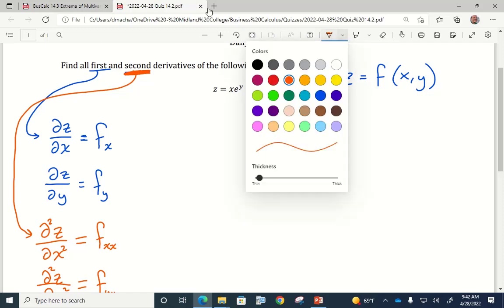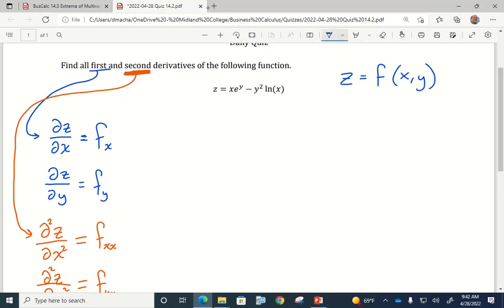For the partial derivative with respect to x, I'm going to pretend that y is a constant. So if y is a constant, then e to the power y is just a constant, and the derivative of x is just 1. And so I can write this e to the y for my first term.